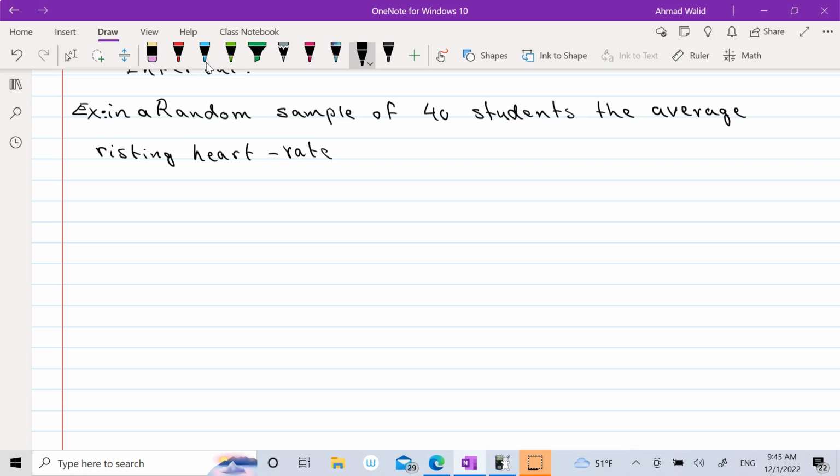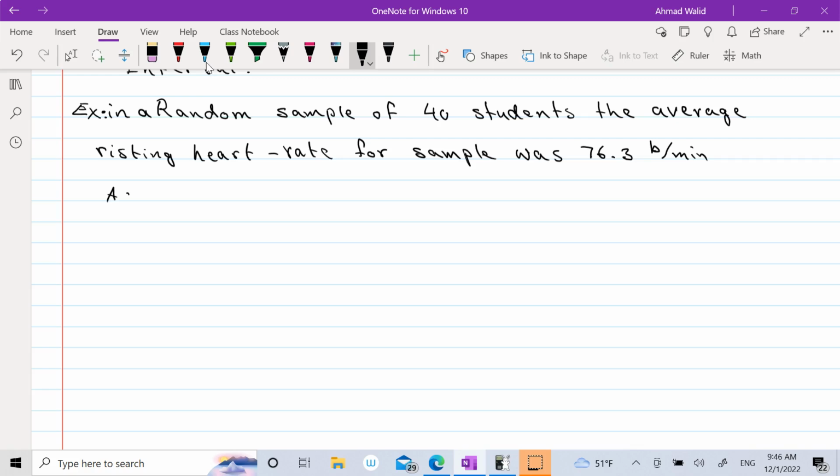for the sample was 76.3, of course beats per minute. Correct?